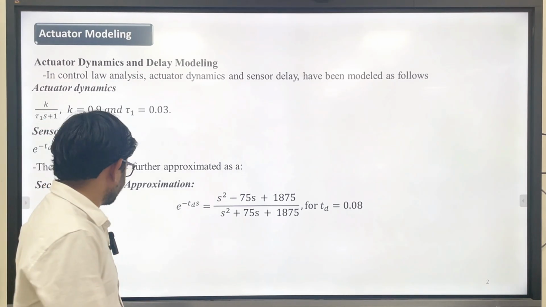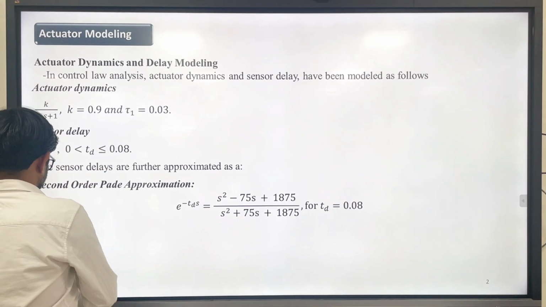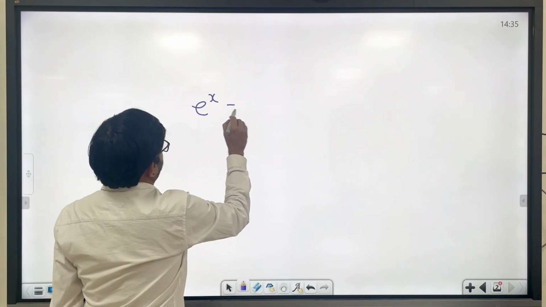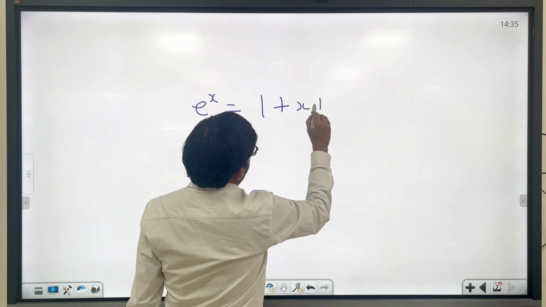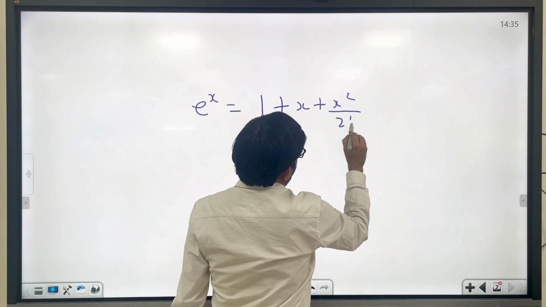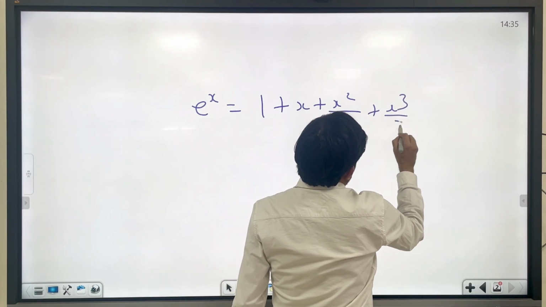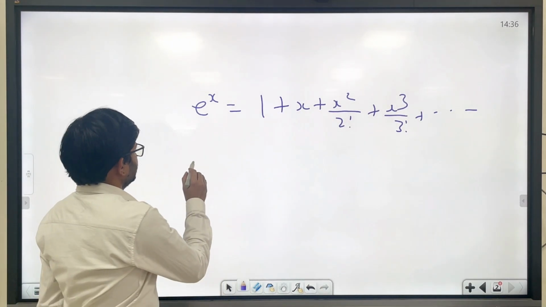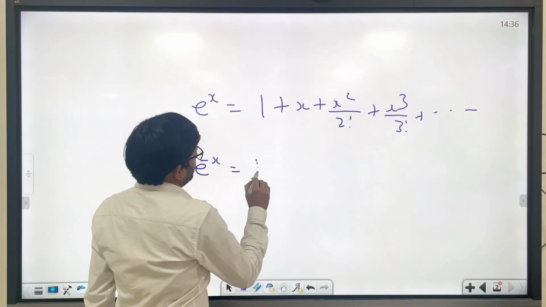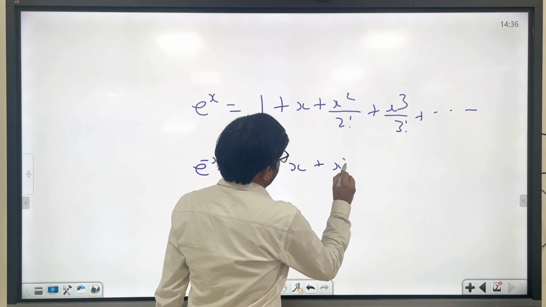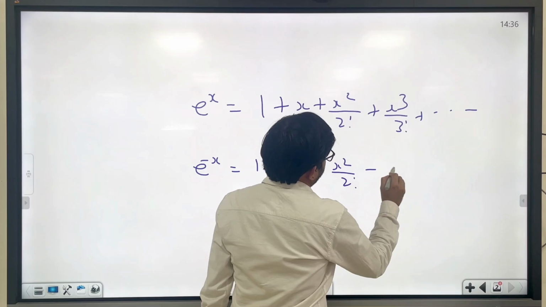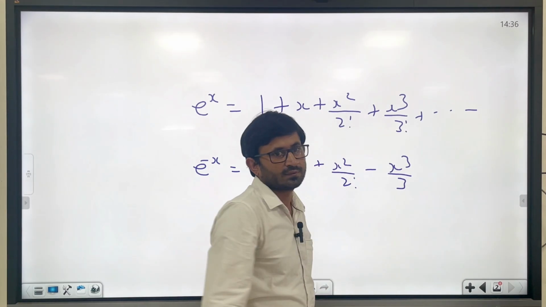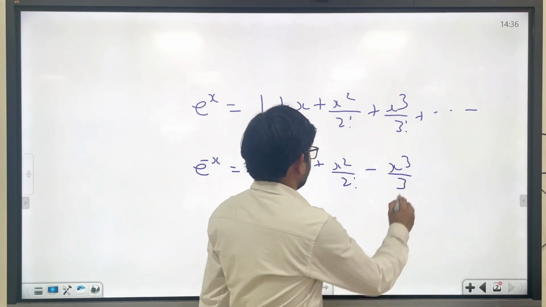So what is the expression of e to the power x? If I consider e to the power x, what is the value? 1 plus x plus x square by factorial 2 plus x cube by factorial 3 plus and so on, right? If I put minus, it will become e to the power minus x, which is 1 minus x plus x square by factorial 2 minus x cube divided by factorial 3, right?